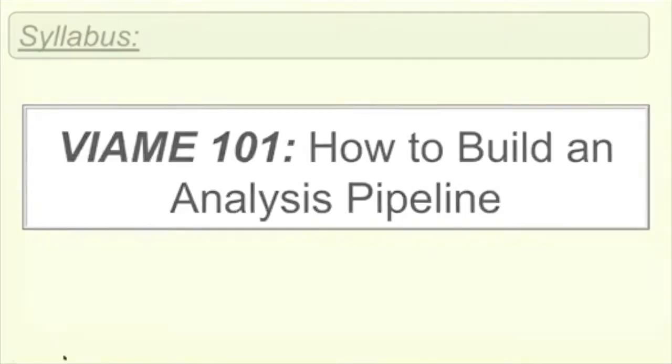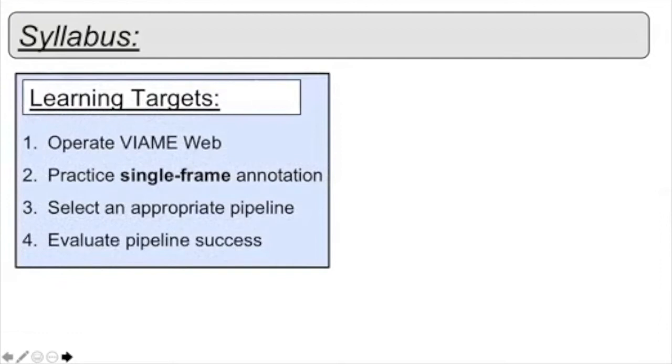And so for our syllabus today, we have some learning targets. By the end of this tutorial, our goal is that all of you will be familiar with how to operate VIAME Web, which is the software that Brandon was showing us earlier.